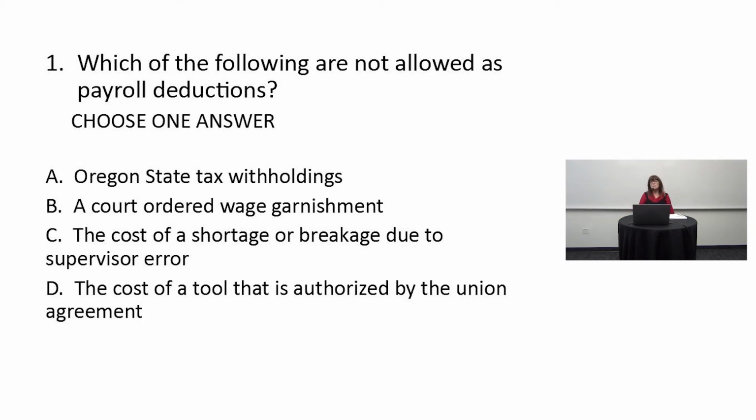And then the next week, they want to deduct the cost of the glasses out of my check. Not allowed. Absolutely not allowed. The cost of a shortage or breakage due to supervisor error.